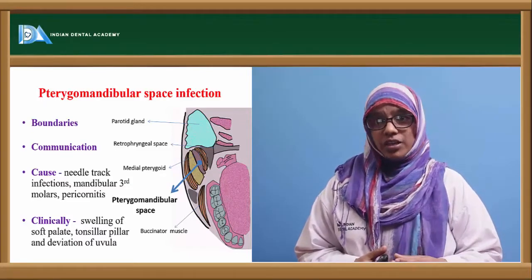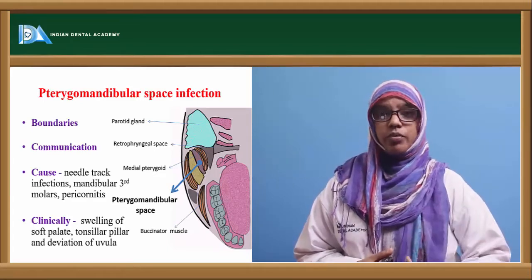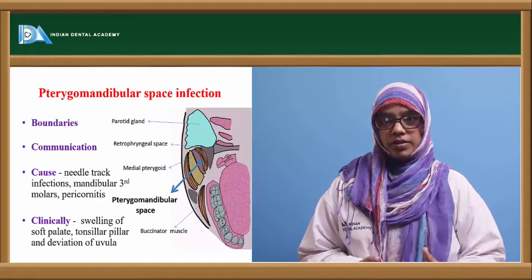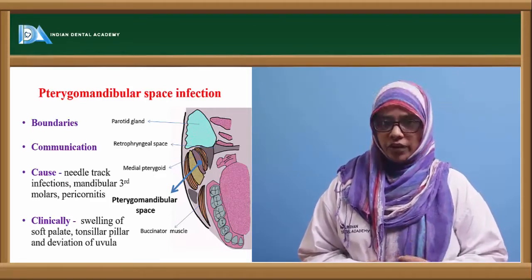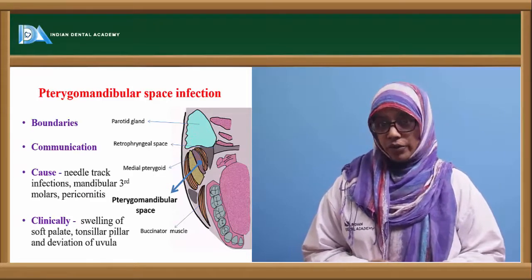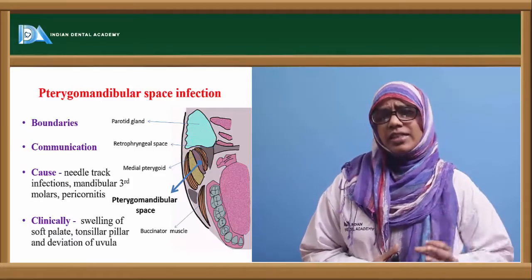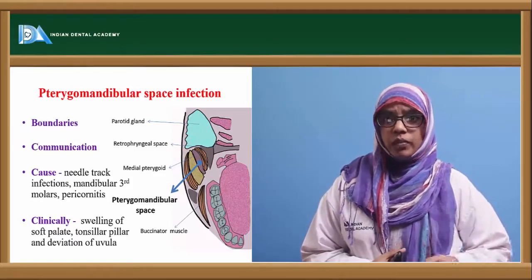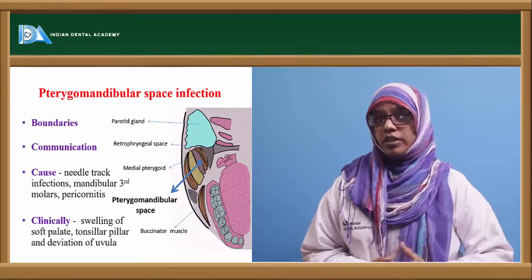It communicates with the lateral pharyngeal space, retropharyngeal space, infratemporal space and submandibular space. These are basically caused by needle tract infection, can be because of mandibular third molar, and pericoronitis can also result in pterygomandibular space infection. The classical clinical feature is swelling of the soft palate, tonsillar pillars and deviation of the uvula to the midline.